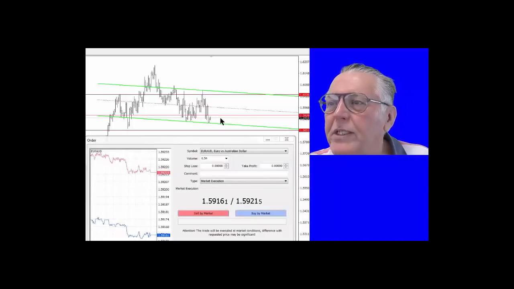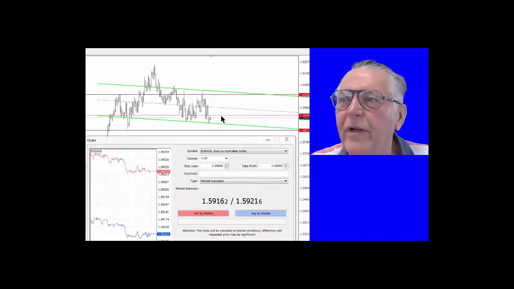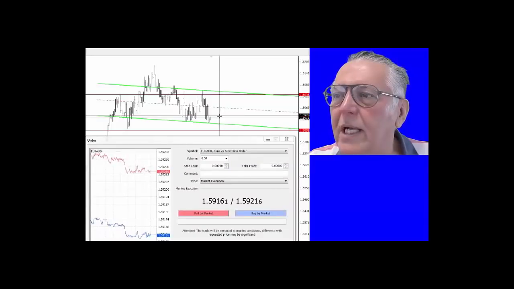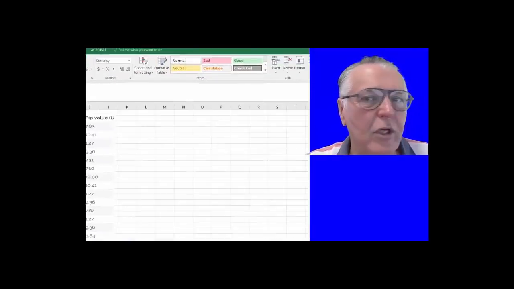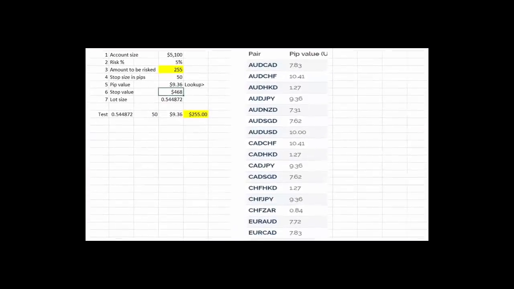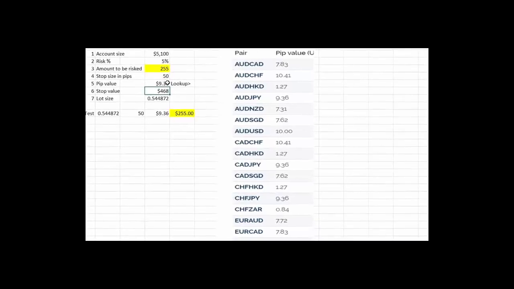So the next question is, what kind of lot sizing am I going to use? And for that, you need to know the size of your stop. I'll work on 80 being the size of my stop. So I go here, it's the Euro Oz, my stop size will be 80, my little position sizing calculator, my account size is still the same, 5% is my normal risk.